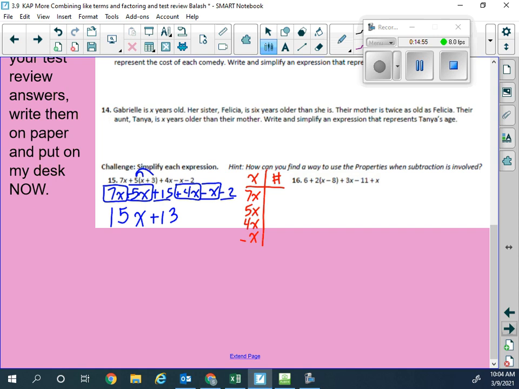In the numbers, we only have 15 and minus 2. Now, does that help you to visually see combining them a little bit easier? Let's see, 7 plus 5 was 12, plus 4, 16, minus 1, 15x, and then 15 minus 2, plus 13. Okay, it's just another way to do it. Guys, we don't really care which way you go, okay?